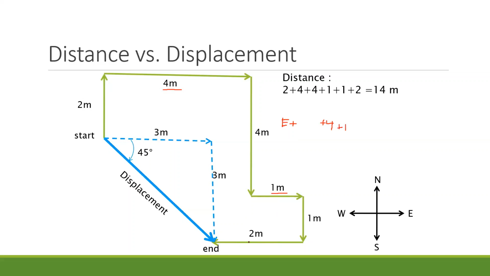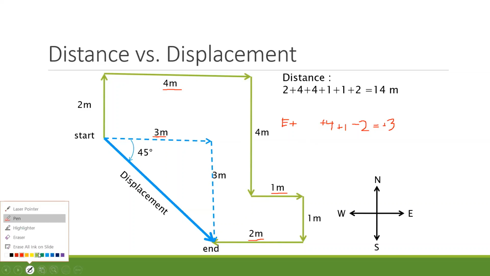But then I've got a west movement, which is in the opposite direction, so I'm going to write a minus 2. That means my overall direction is plus 3, which means we're moving east 3, which is how we got this measurement here.